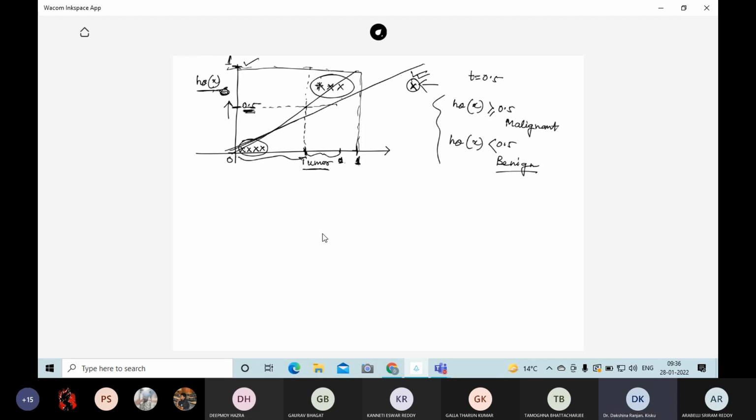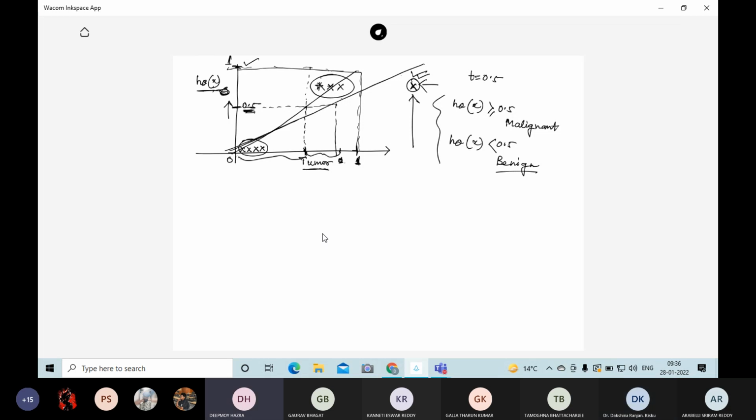Sir, what will be the logic if we implement linear regression in the case of a malignancy test? In that case, there will be a large error.